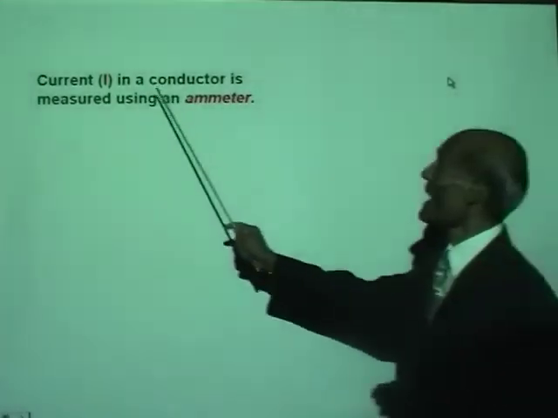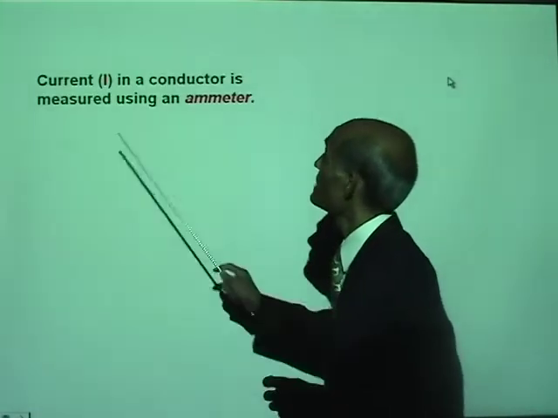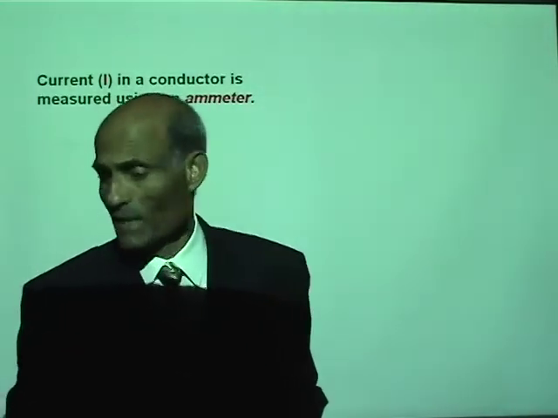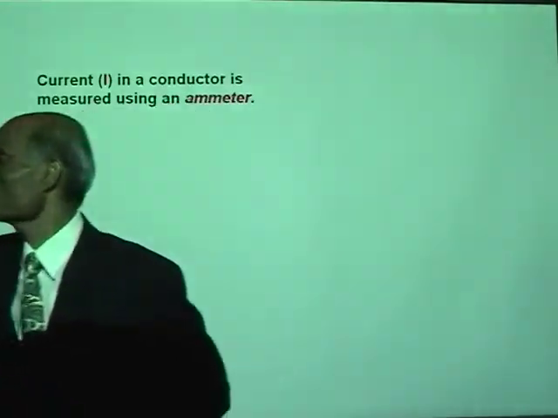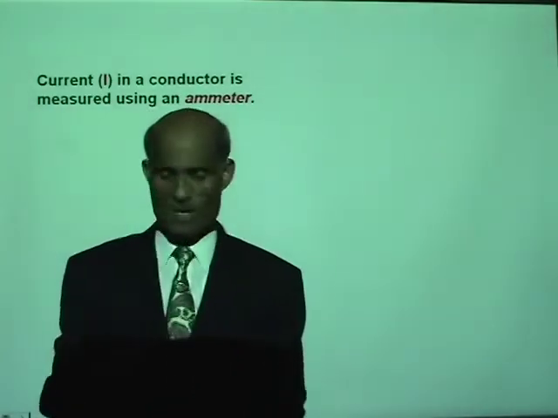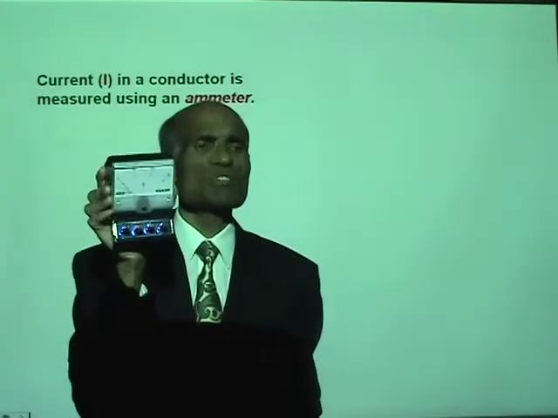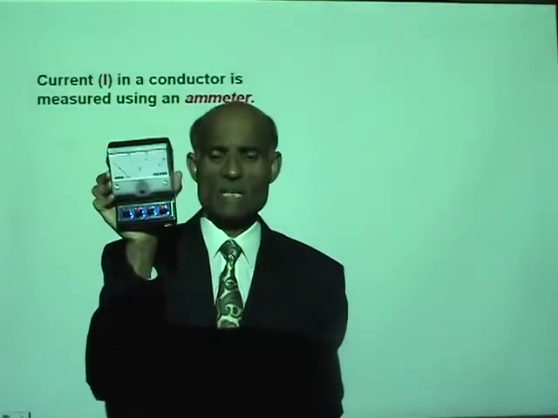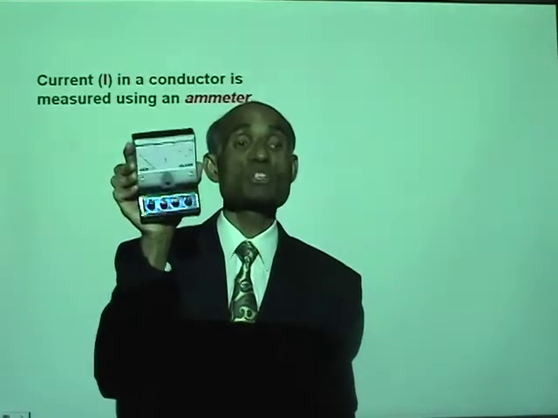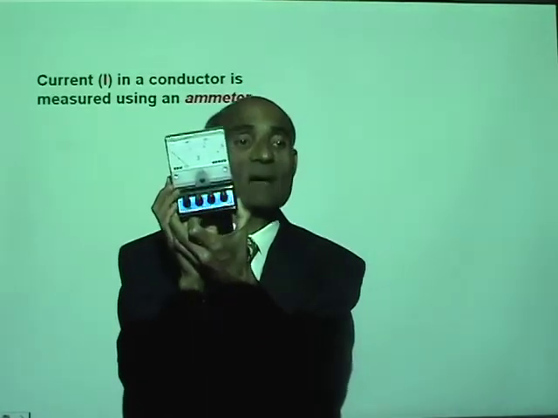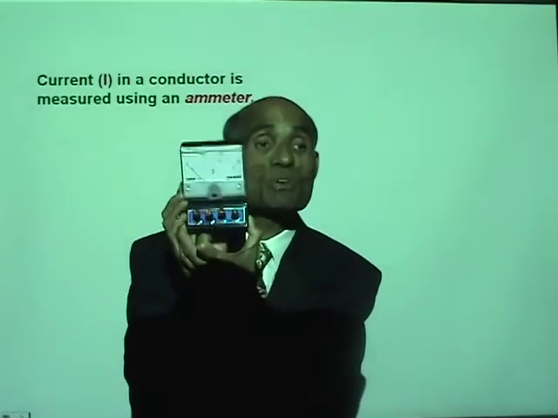Now, the current I in a conductor is measured using an ammeter. Now, how does an ammeter look? Here is how a meter looks, this is actually a voltmeter used to measure potential difference. And this is what we use in the lab to measure potential difference.